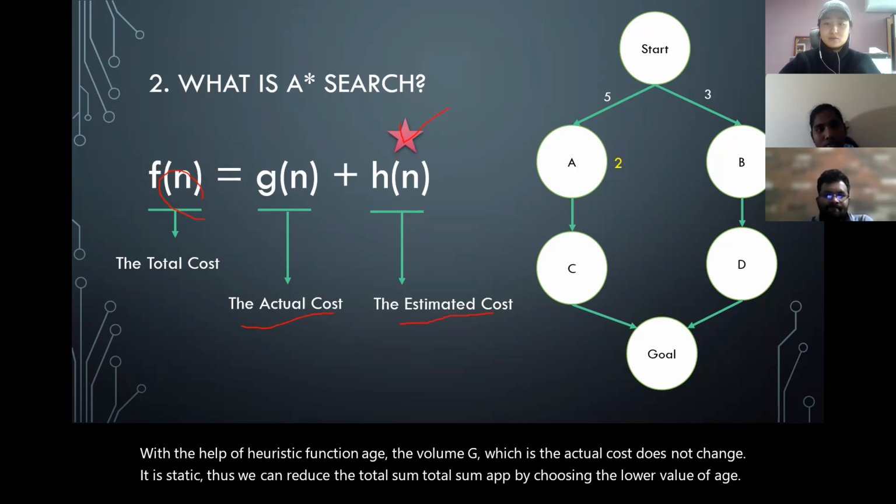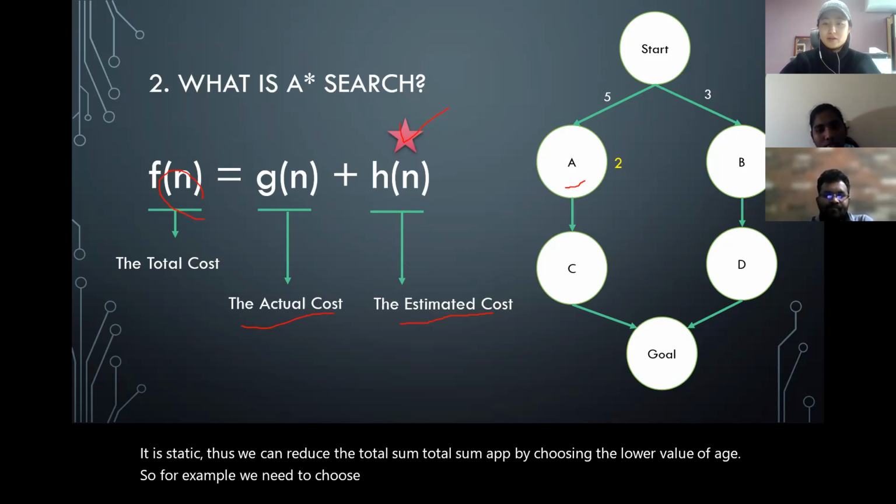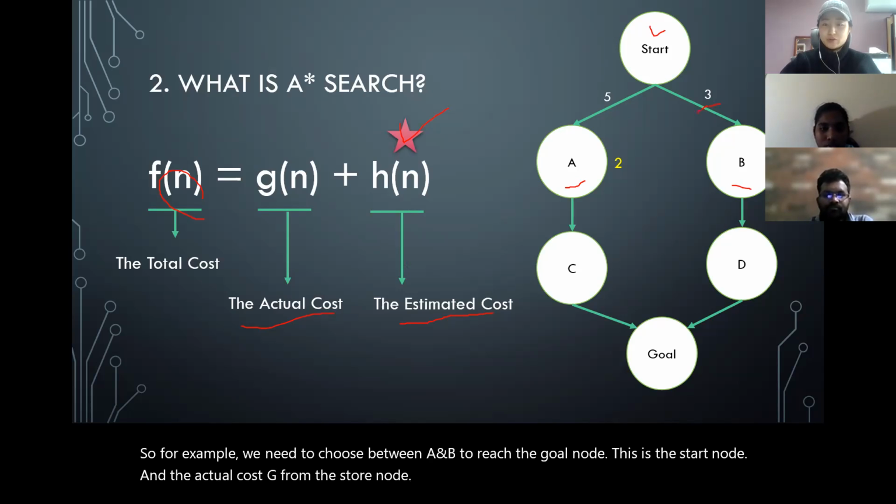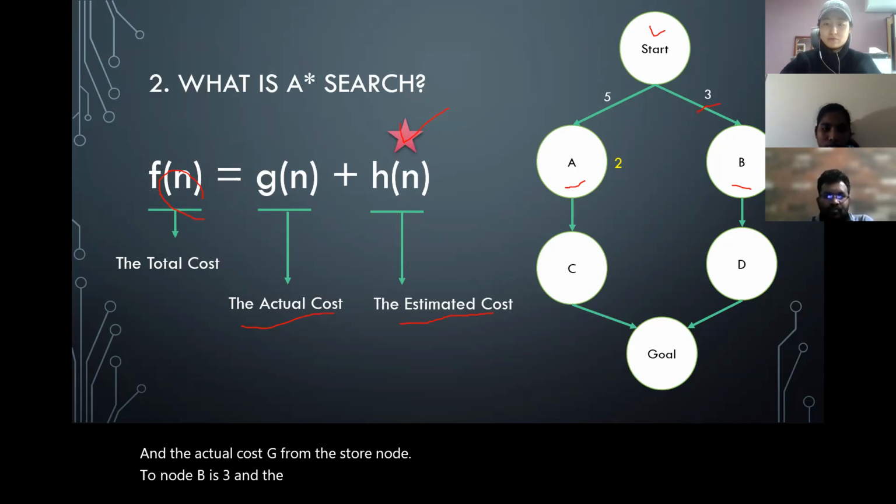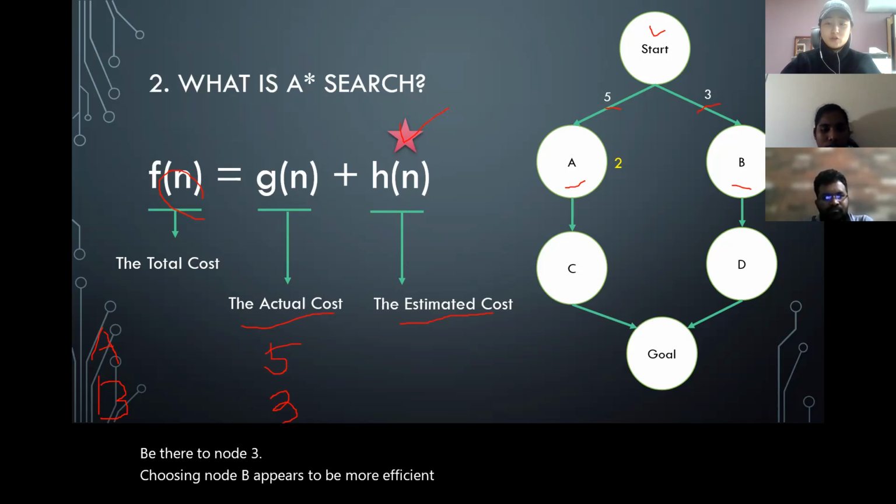For example, we need to choose between A and B to reach the goal node. This is the start node. The actual cost g from the start node to node B is 3, and the actual cost g from the start node to node A is 5. Choosing node B appears to be more efficient, but in fact, choosing node A is more efficient considering the total cost.